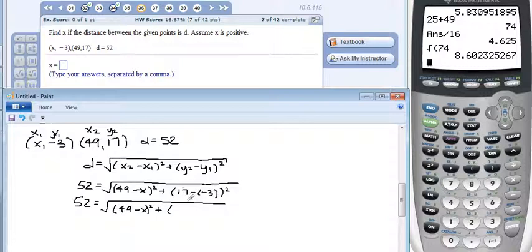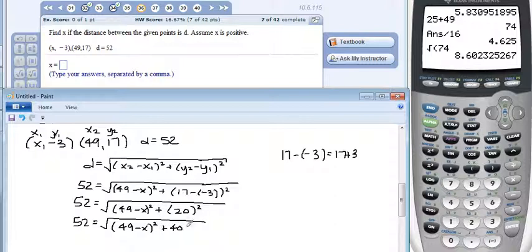We have 17 minus a -3. It's like 17 plus 3, right? So it's 20. And then we'd have 52 is equal to the square root of 49 minus x quantity squared plus 400.